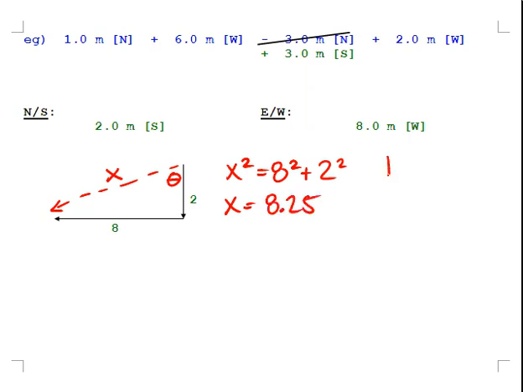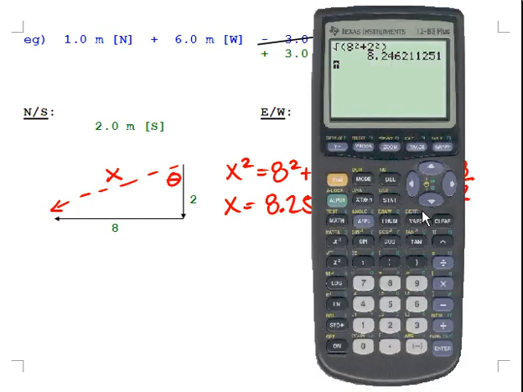And I think our safest bet is going to be a tan theta. Opposite over adjacent is going to be 8 over 2. And it's actually going to be a second function when you go to type that in your calculator. So second tan, 8 over 2.